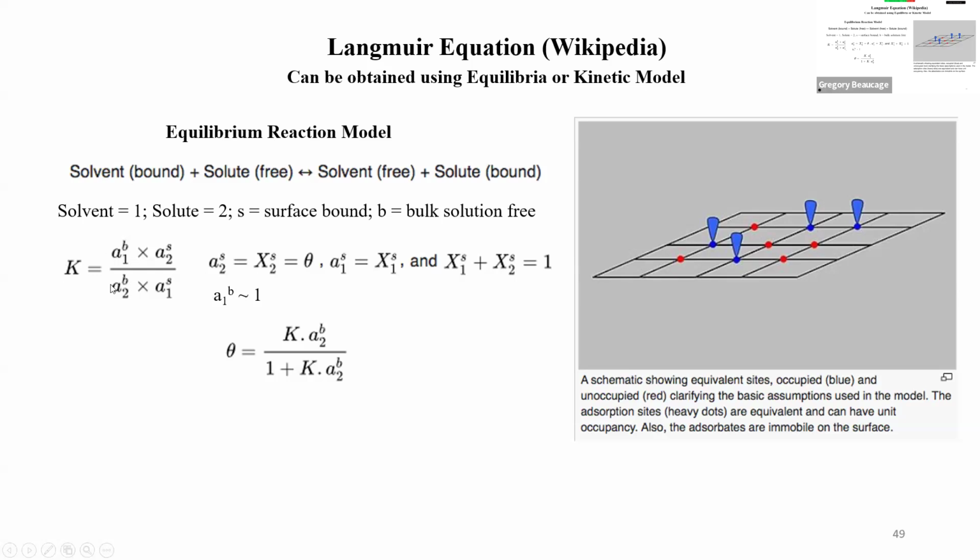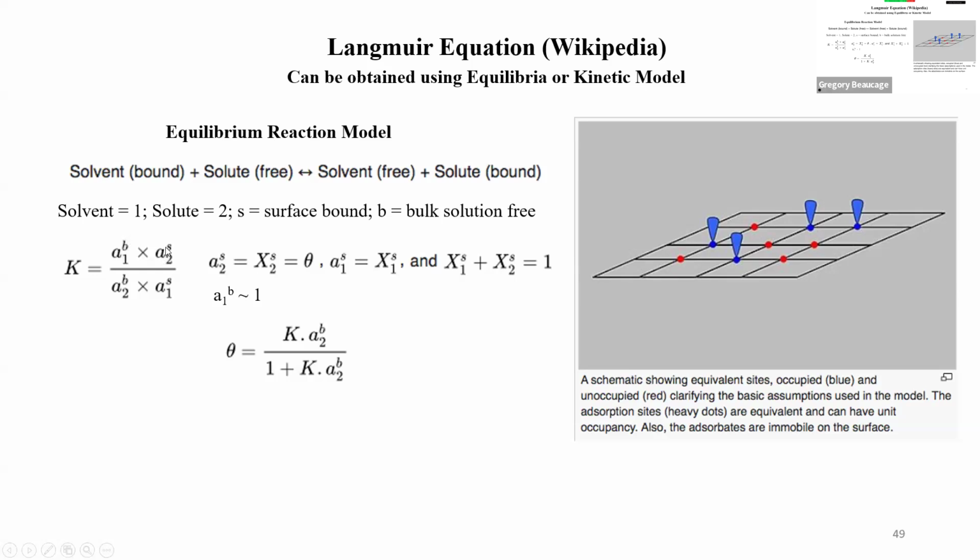Products over reactants, right? And then the absorbed material on the surface is this theta. That's the thing that's used for the Langmuir equation. That means the absorbed species. And then the solvent in the bulk phase one is almost pure.